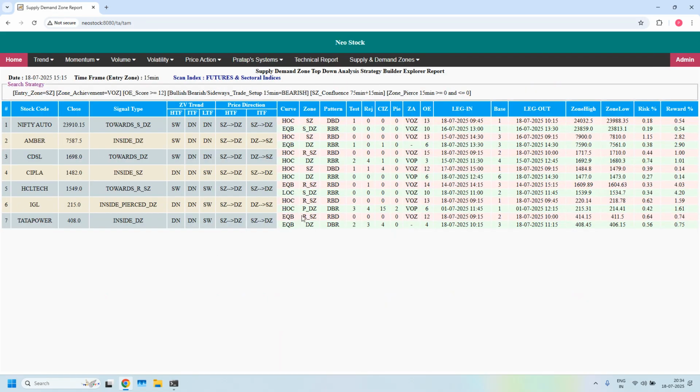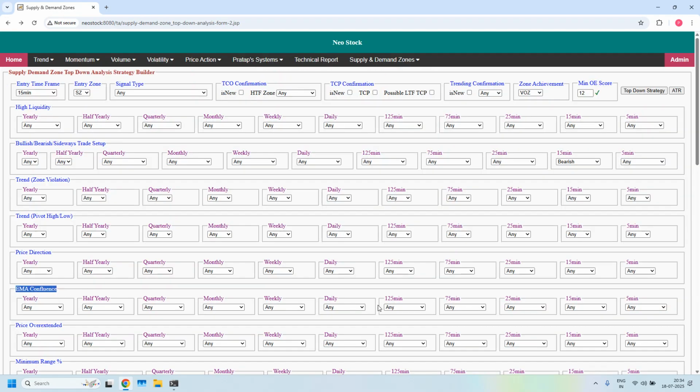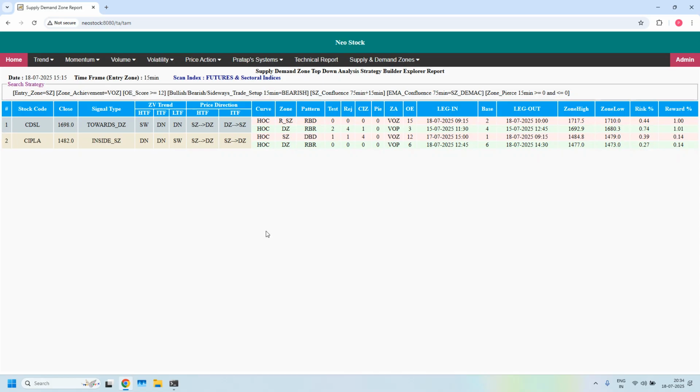In all the 7 stocks, these 15 minute supply zones are overlapped with the 75 minute supply zone, and the 75 minute trend, the ITF trend, is down in all the stocks. We can further filter based on EMA confluence. At the 75 minutes time frame, by checking the 75 minute supply zone with daily EMA confluence, we got 2 stocks.